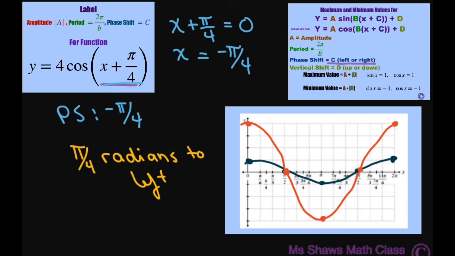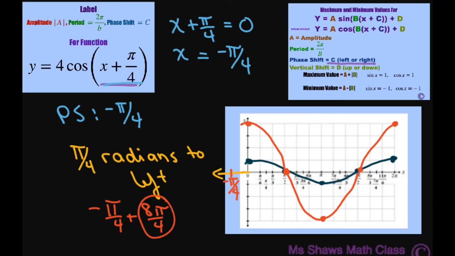And again, this is just a sketch, but that would mean if I started at negative pi divided by 4 over here somewhere, let's see, put it back here. If I start there and I take negative pi divided by 4 plus 2 pi, which would be what? 8 pi divided by 4.